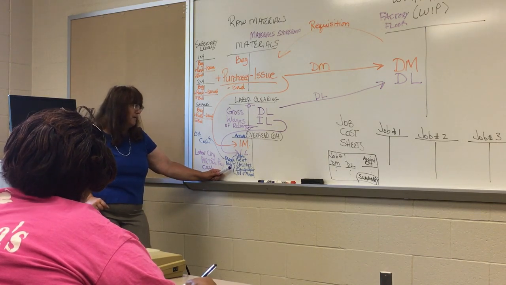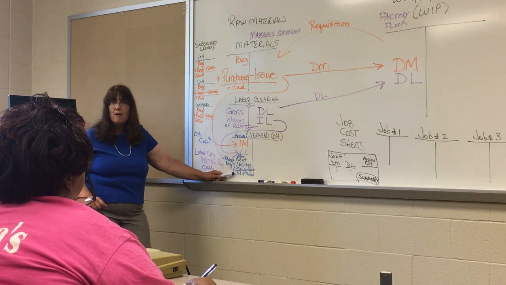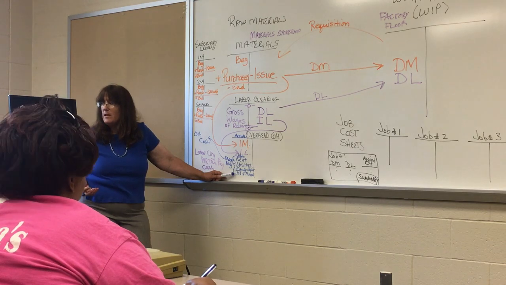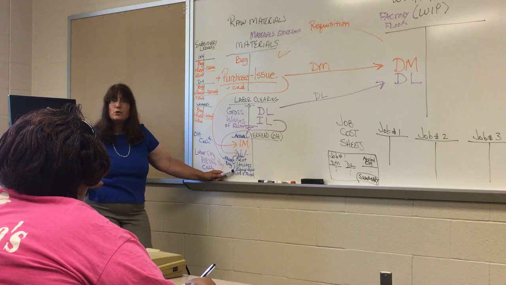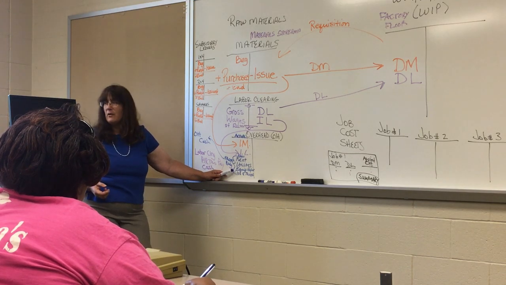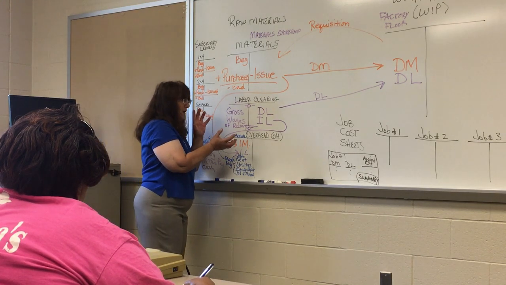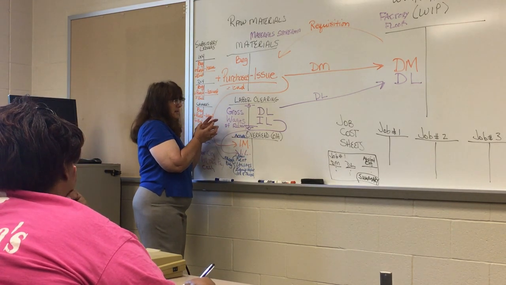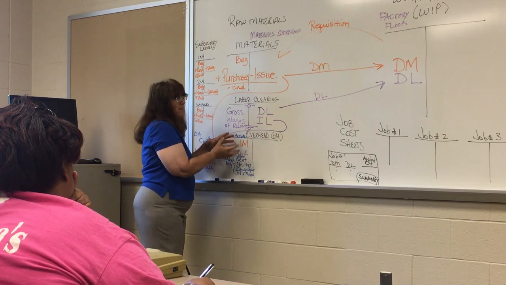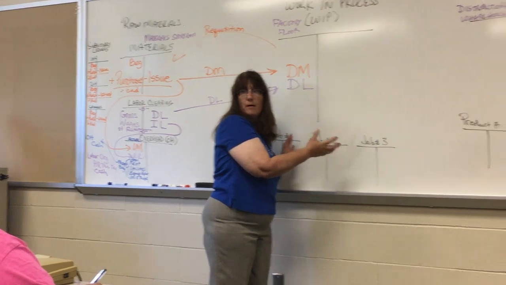Now, it so happens that some of these things, especially things like insurance and taxes, they might only come one time a year. Equipment repair might be extensive, a huge number, but maybe it only comes a couple times a year, okay? Now, if I took just what happened in the month of June and said, okay, all the stuff that happened in June, I'm going to apply to the jobs that were done in June.